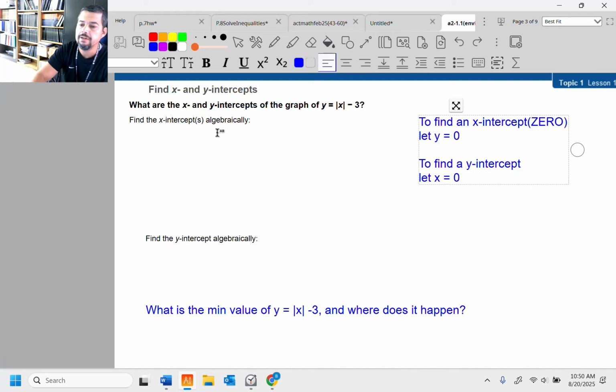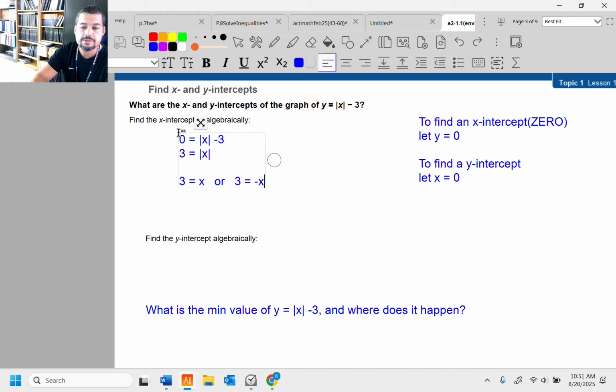All right, so we're going to find the x-intercepts of y equals the absolute value of x minus 3 algebraically. And we simply do that by setting the function equal to 0. Okay? Now, with absolute value, you isolate the absolute value equation, and then you write two equations. One of them is as is, and on the other one, you change the sign on the stuff inside.